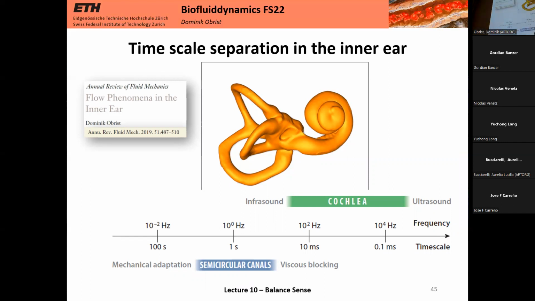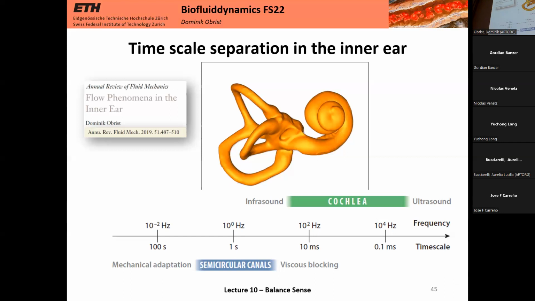There is a timescale separation between what the cochlea is doing, namely sensing frequencies from roughly 20 hertz to 20 kilohertz, and the timescale operating range of the semicircular canal, which goes from 20, 30 seconds down to about viscous blocking, about 0.02 seconds, which is about 50 hertz.